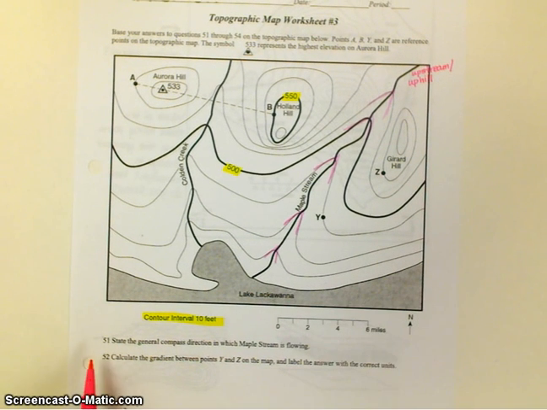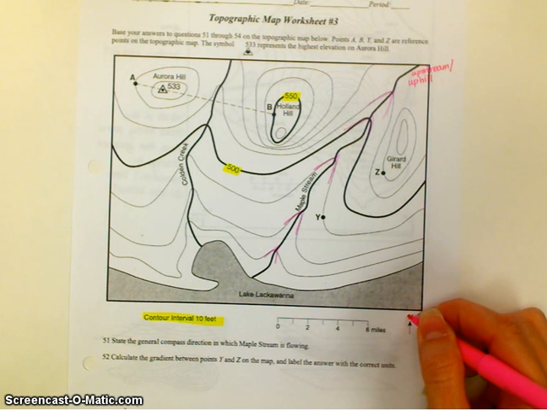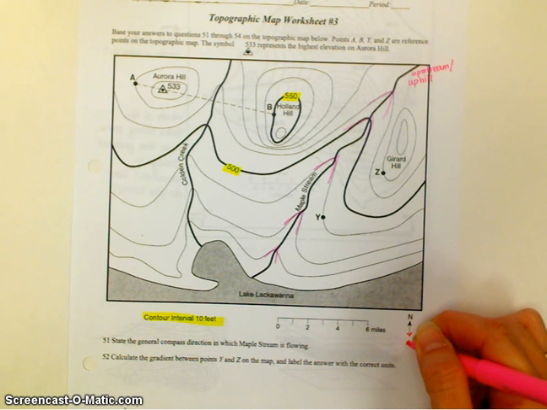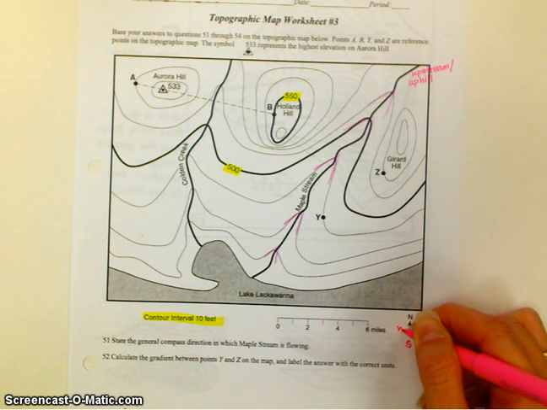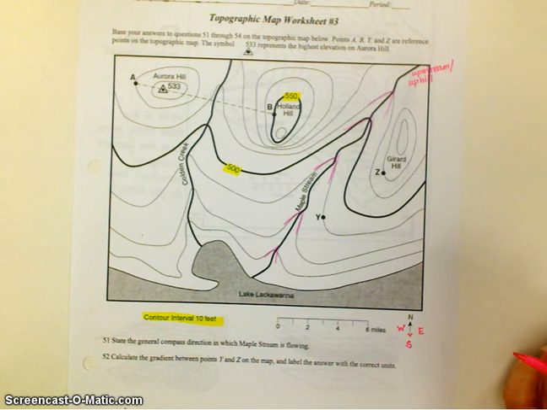On number 51, it says, state the general compass direction in which Maple Stream is flowing. Well, remember that unless they tell you differently, north usually is going to be indicated as straight up towards the top of the paper, which means south would be down, east is to the right, and west is to your left.